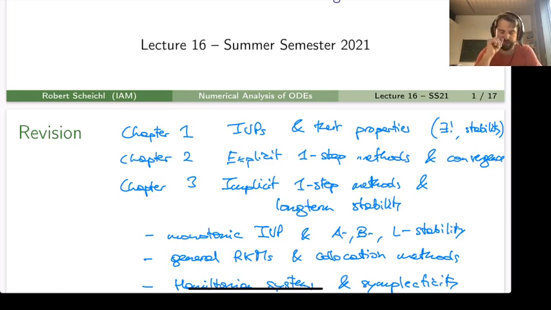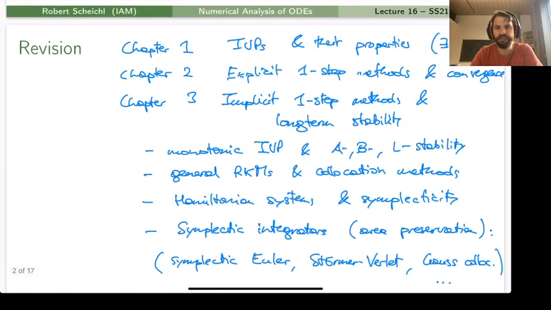And so in chapter 3 we studied long-term stability at length. This brought us into the context of implicit one-step methods. First of all, we need to look at particular ODEs in order to study long-term behavior, because if we have an ODE that does not, in some sense, decay over time, then we cannot expect to get stability over a long time.